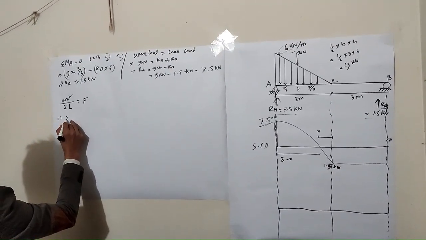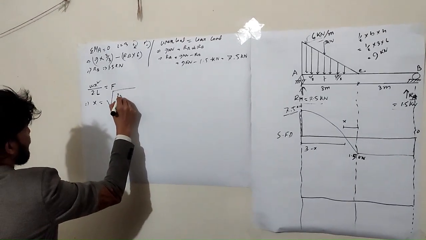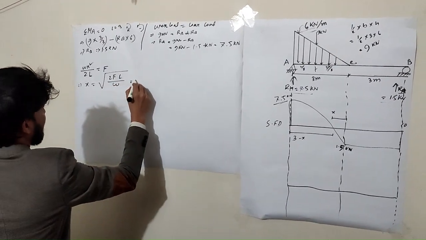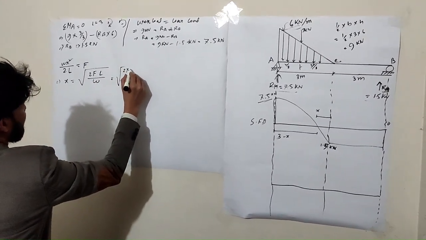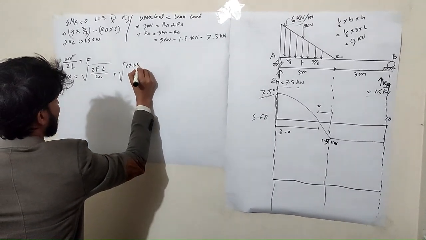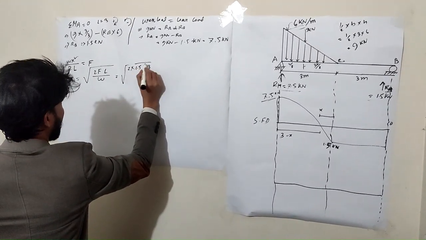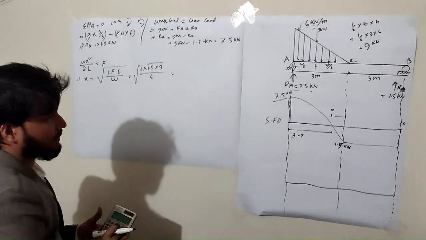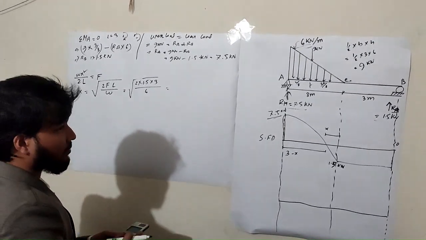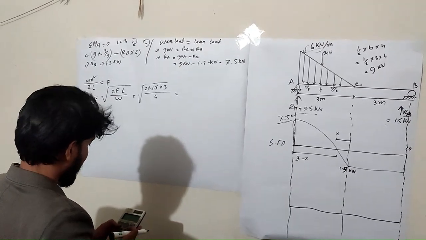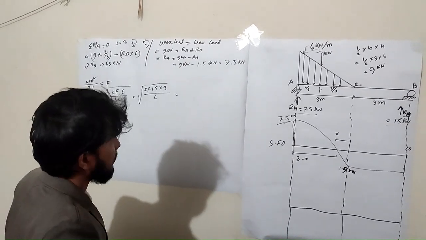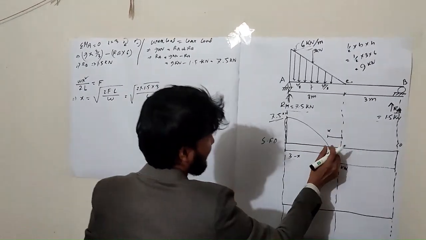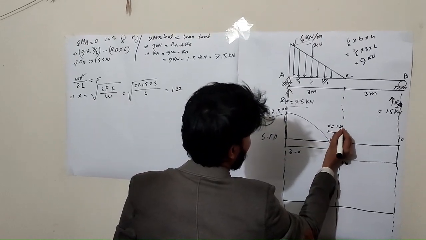So X equals root over 2FL divided by W. So here 2 into F, 1.5, into L, 3, divided by W, which is 6. So X is 1.22. So the distance X is 1.22.